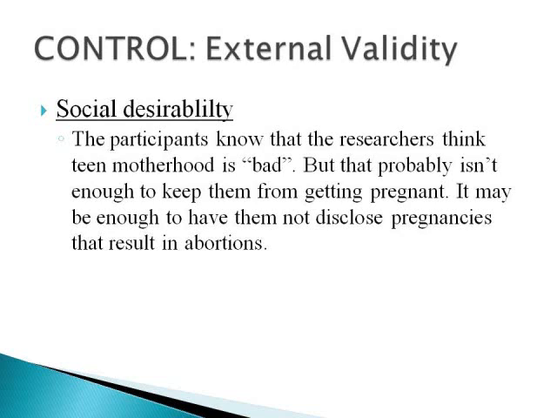The participants know that the researchers think teen motherhood is bad, but that probably isn't enough to keep them from getting pregnant. It may be enough to have them not disclose their pregnancies that result in abortions. So maybe they're not telling you they got pregnant. They went out and had an abortion. So that's threatening the results of your study.